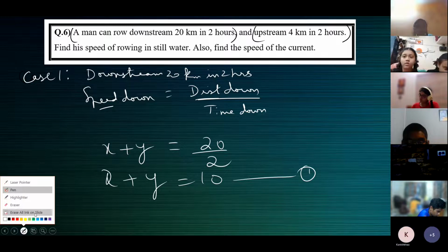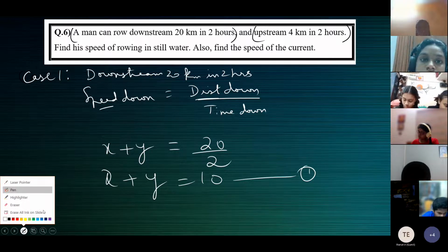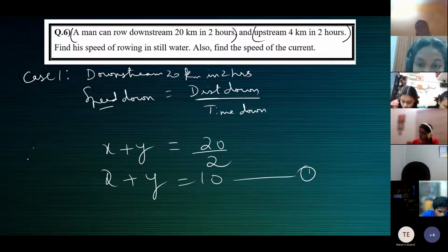Yes, ma'am. Okay, so case 1 is downstream 20 kilometers in 2 hours. You must connect everything with something, so we are connecting using the formula speed is equal to distance by time.